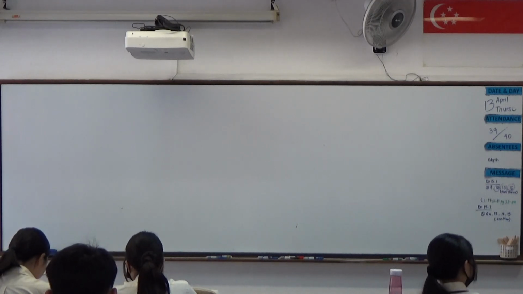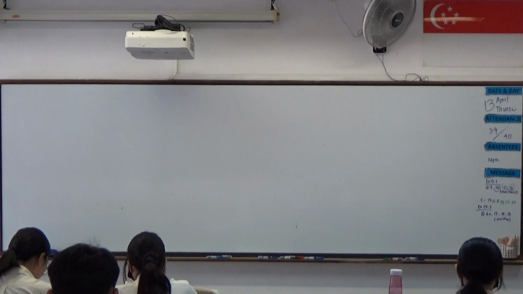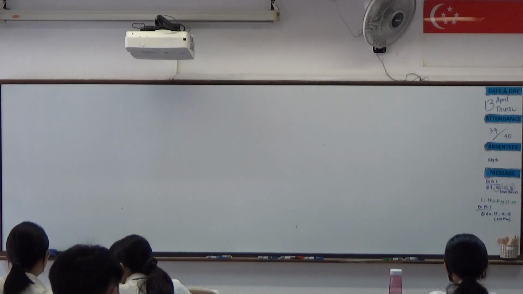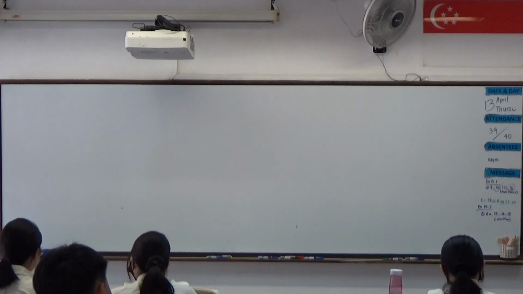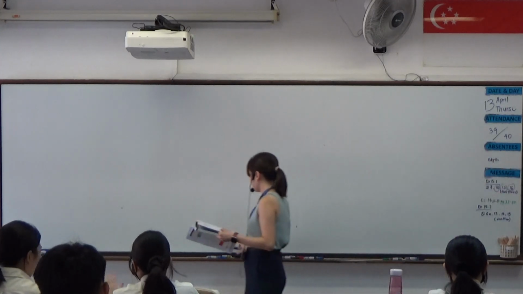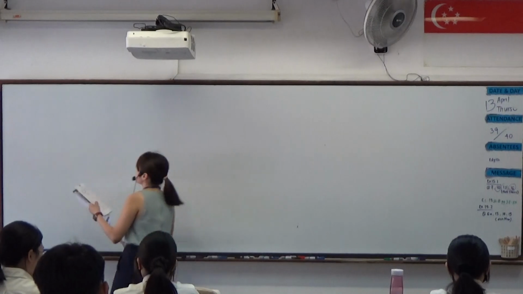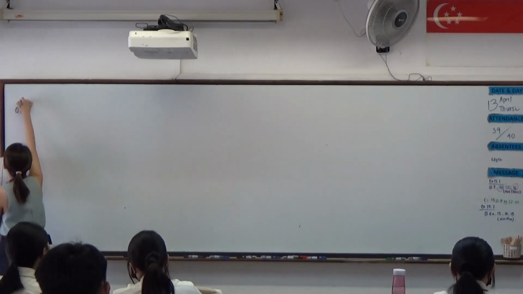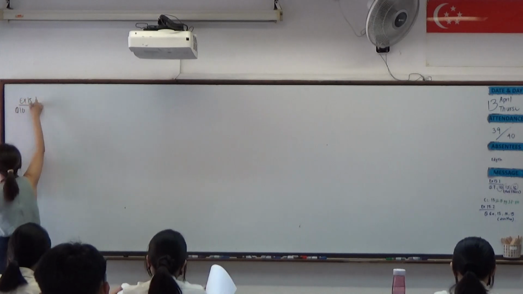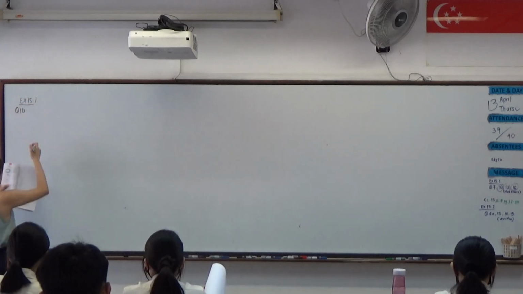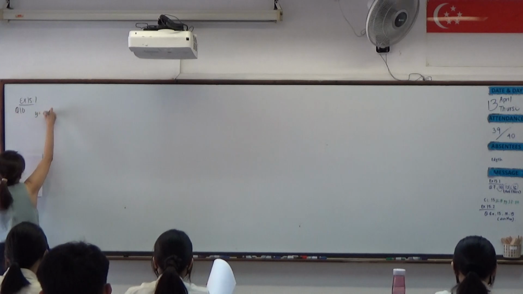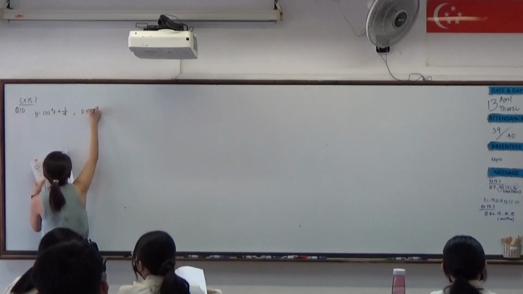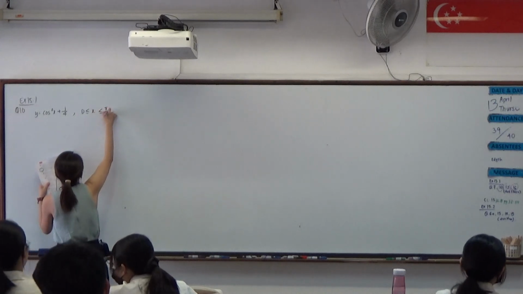Okay, question 10 is about your connected rates of change. So it's about being able to form that equation, that formula that you need. Question 10 itself, they have given you that y equals cosine squared x plus 1 quarter, and it is being defined between 0 and pi over 2.